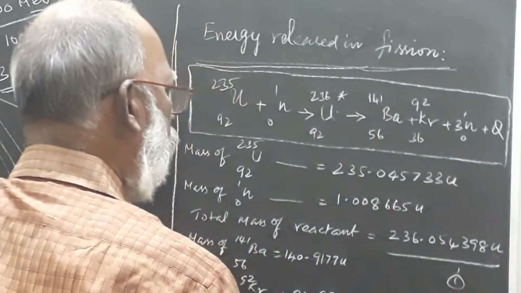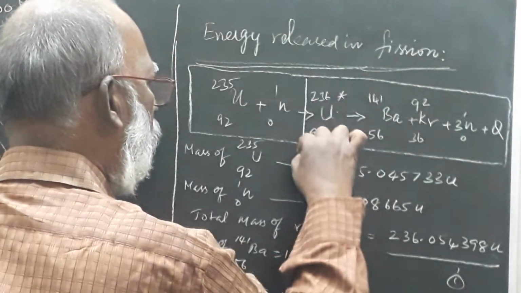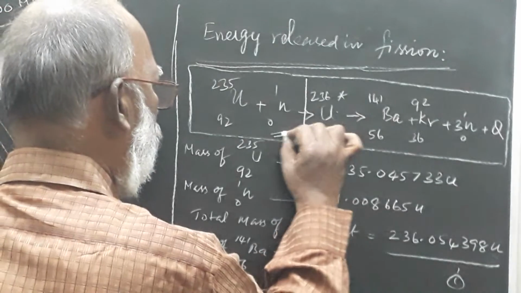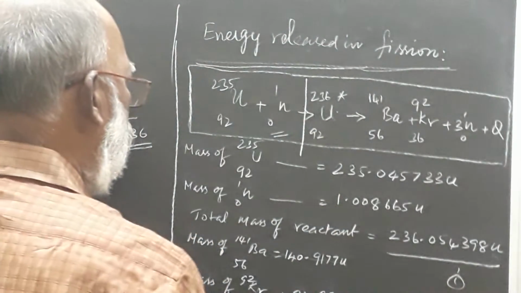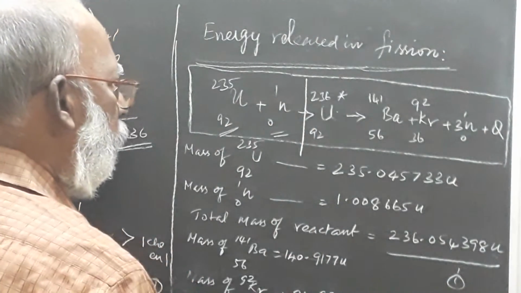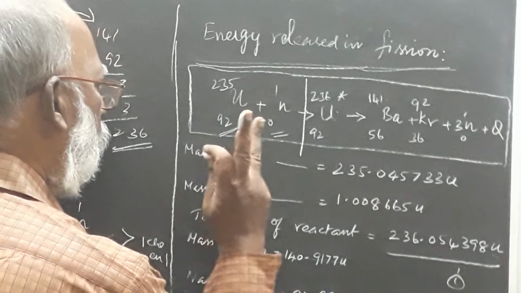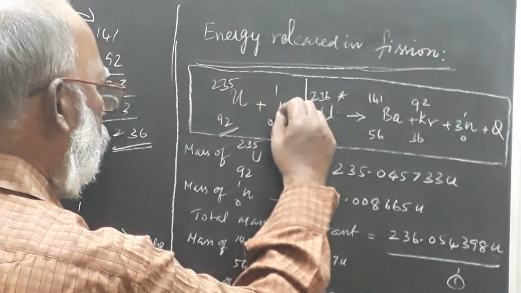Now, we have to calculate this in two parts. What are the particles that are reactants before decay? There are two particles. One is uranium and another is neutron.